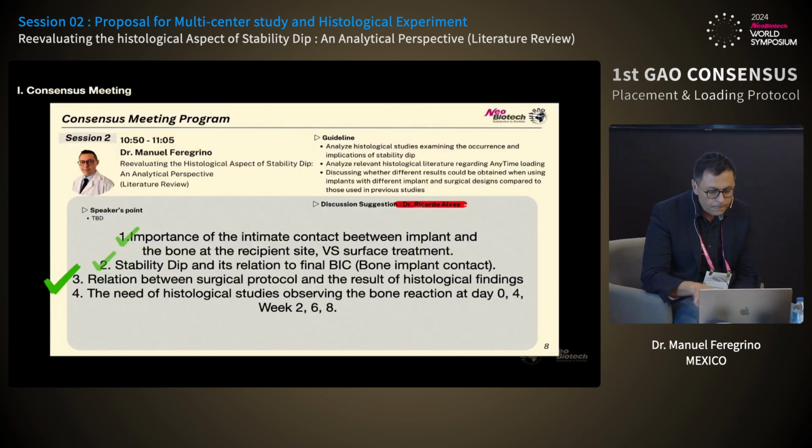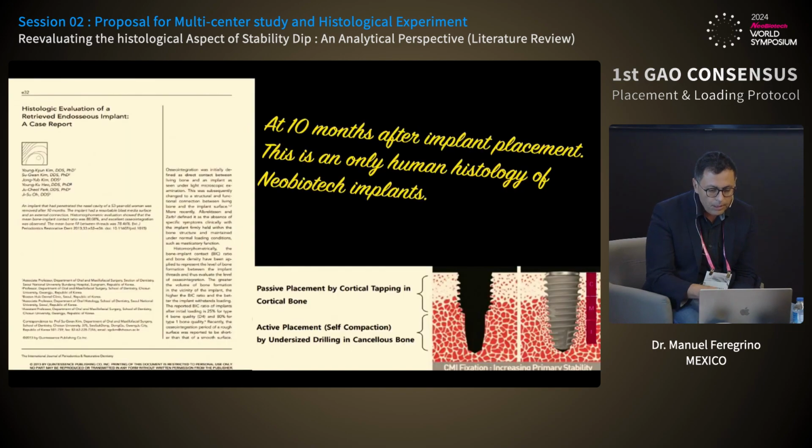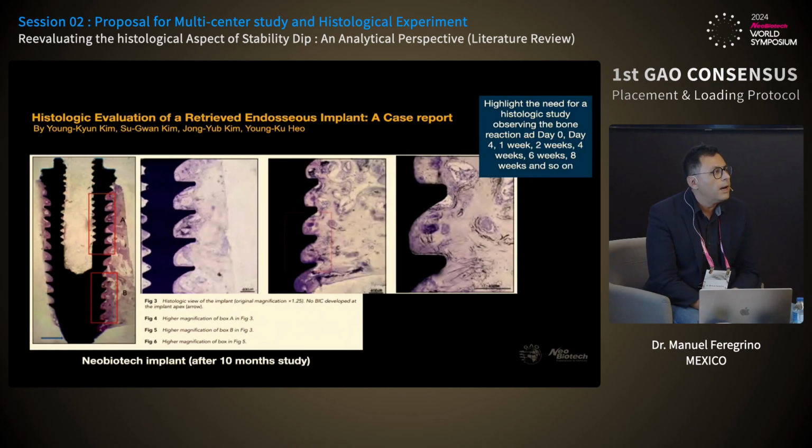Okay? Now we are going to talk about the relation between the surgical protocol and the histological findings. In this study, I think it's a study that reviewed, at 10 months after implant placement, human histology of Neobiotech implants following the drilling protocol.